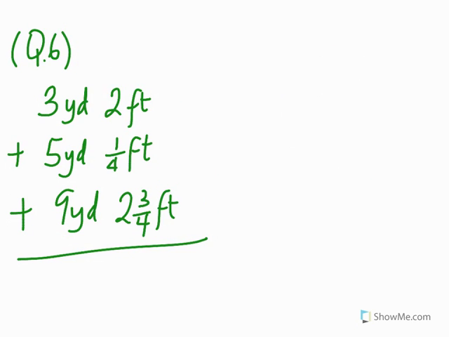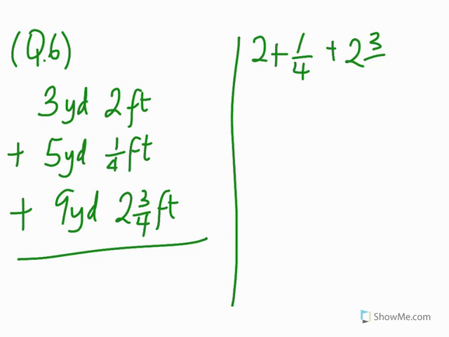Question 6. 3 yards 2 feet plus 5 yards 1/4 feet plus 9 yards 2 3/4 feet. We start from the minor unit. So 2 plus 1/4 plus 3 plus 2 3/4.